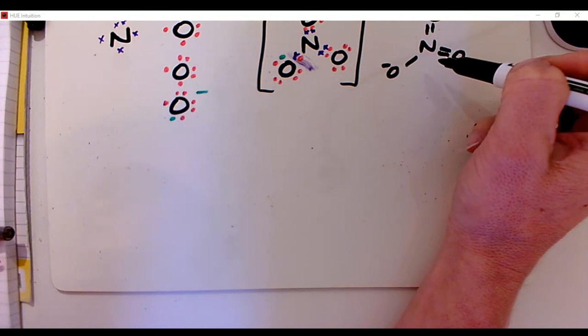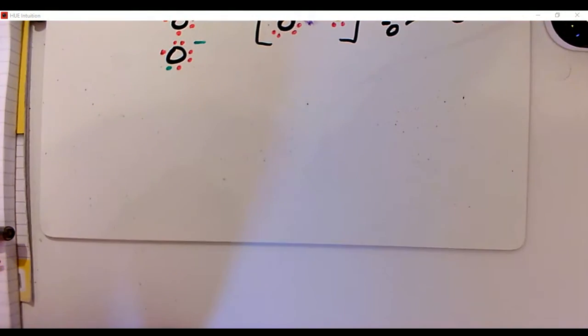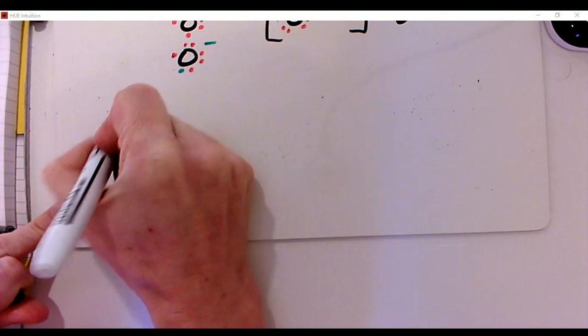I'm trying to see, I think maybe nitrate has a coordinate bond. This model certainly works for bonding. See if there's an alternative.